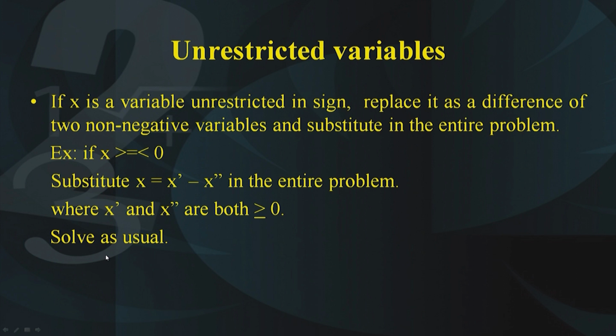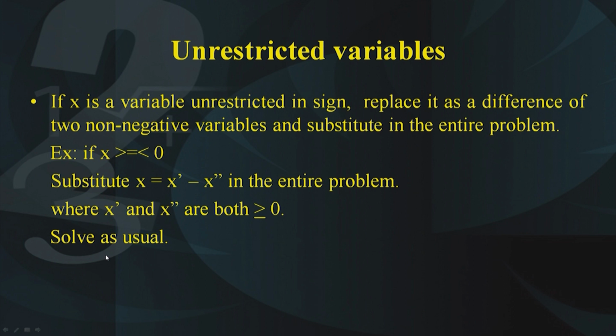So, next let us look at a situation where we have unrestricted variables. Unrestricted means unrestricted in sign, that is they are not necessarily greater than or equal to 0. It is not specified that they are greater than or equal to 0. They may or may not be greater than or equal to 0.